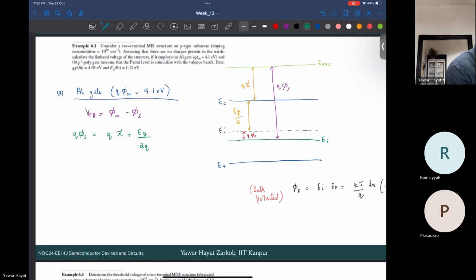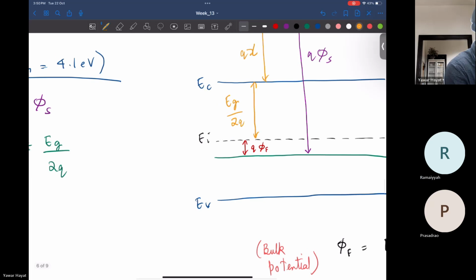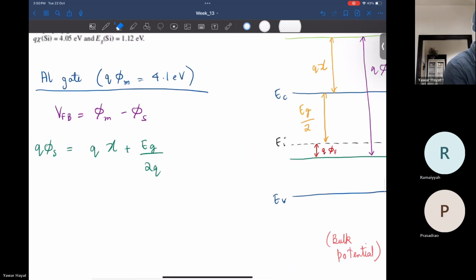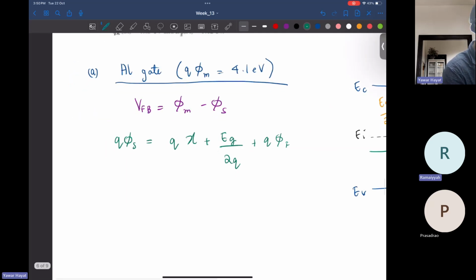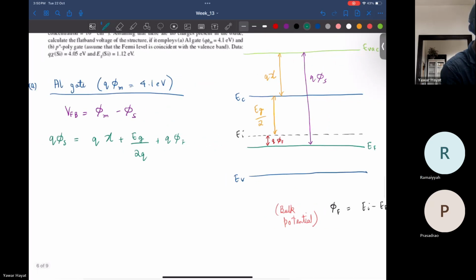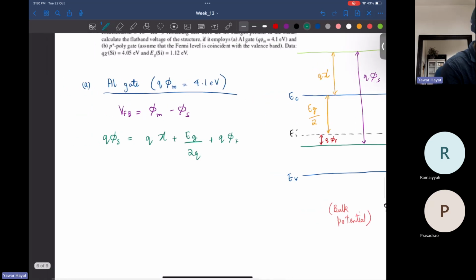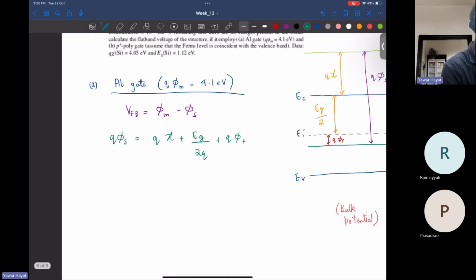Wait, for consistency of the units, Q phi f will be in electron volts, and so will be the affinity as well, right?